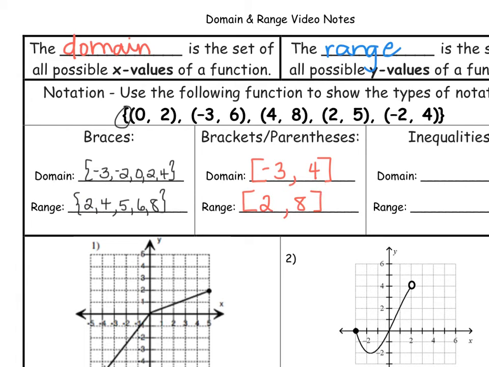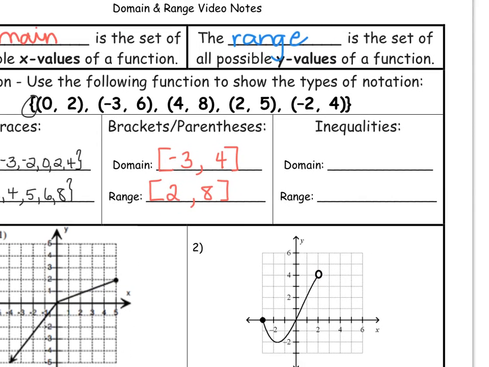This is a bracket, so that means that 8 is included in the set. It's like a closed circle on a number line or a graph. And if it was an open circle, then we would use parentheses.